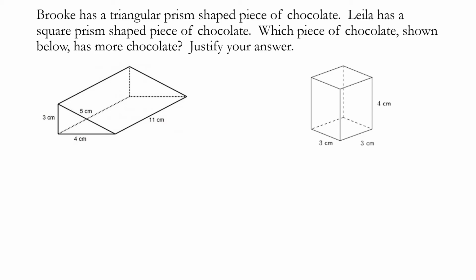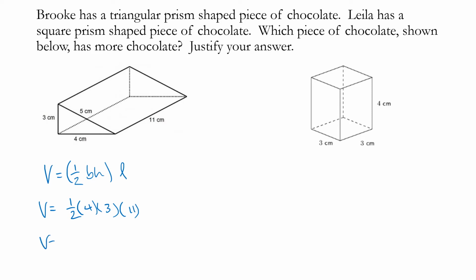So for a triangular prism, its volume equals the area of the base, which is 1/2 base times height, times the length of the prism. So in this case, we have 1/2. The base is 4. The height of the triangle is 3, times the length of the prism, which is 11.